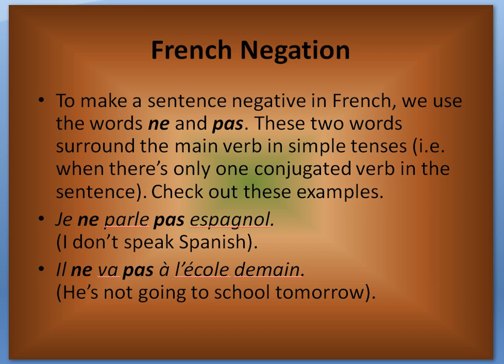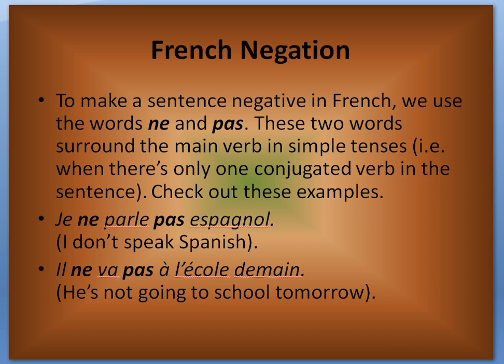Je ne parle pas espagnol. In the sentence, the subject is je, the verb is parle. There is only one verb, and in the present tense, parle is the conjugated form of parler, and espagnol is the object.